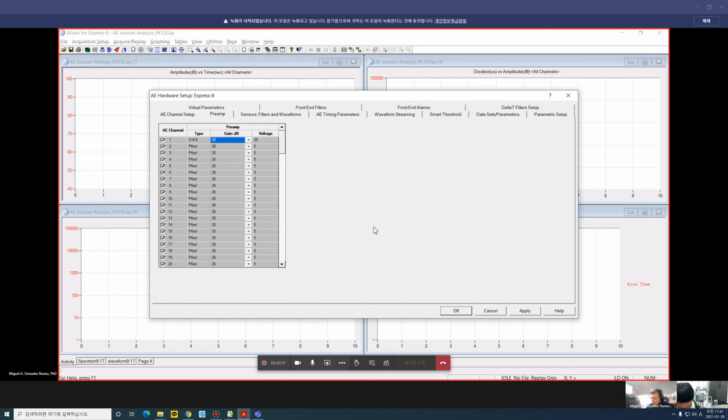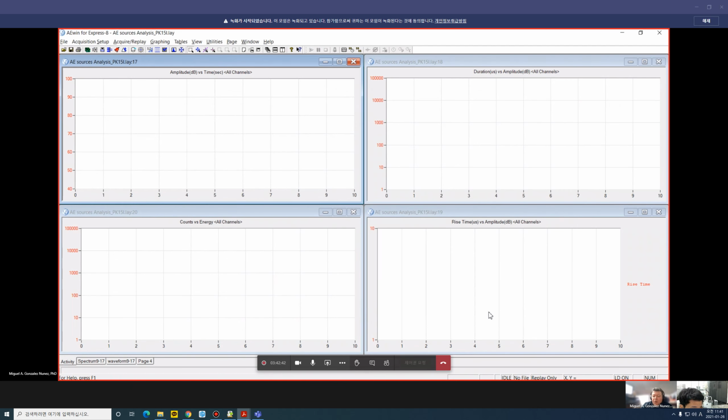So when the gain value of the preamplifier and the parameters here in this AEwin software are the same, then the original signal, I mean volts, will not change. No, they do not change. You have the value of the amplitude of the original signal.